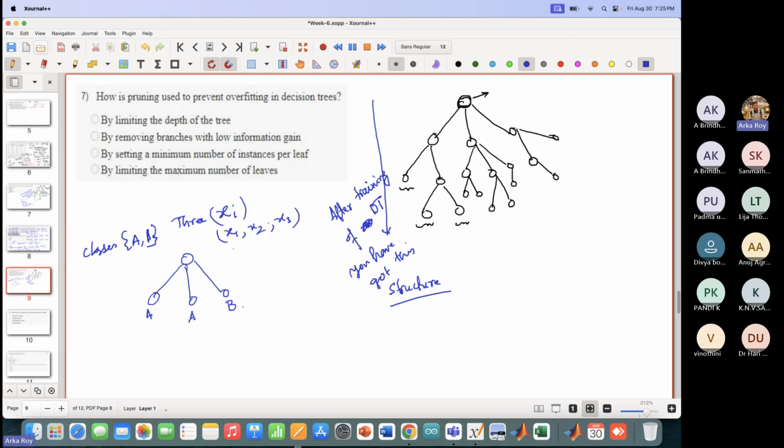Now, based on this sort of data representation, let's say your decision tree looks like this.